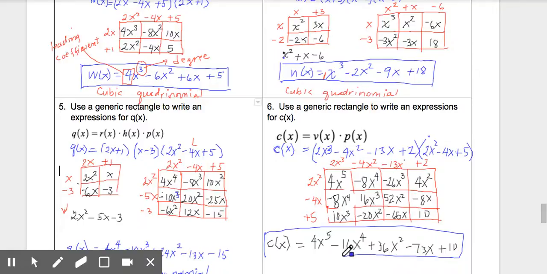Now the degree of c of x is 5th degree, because the highest exponent is 5. So we will call this quintic. Okay, quintic polynomial.